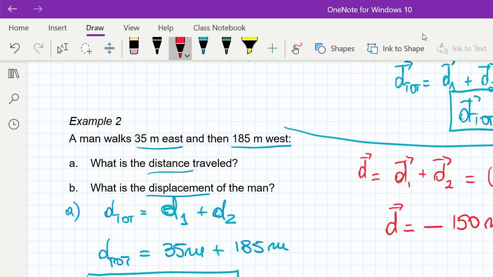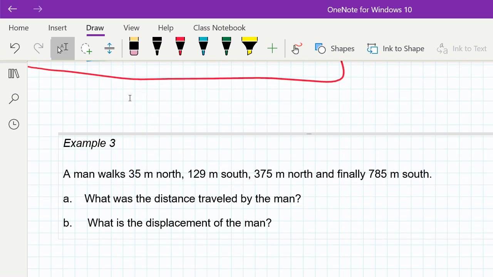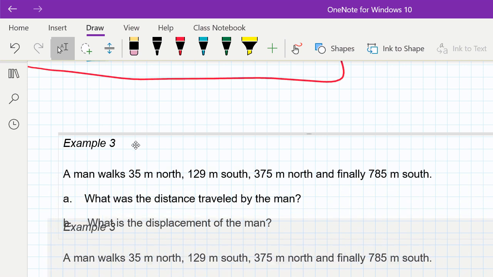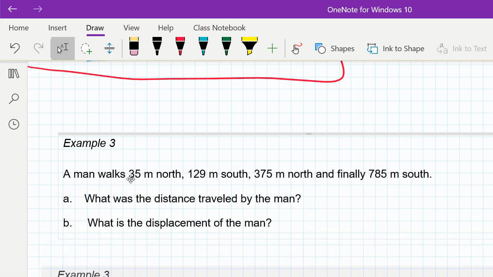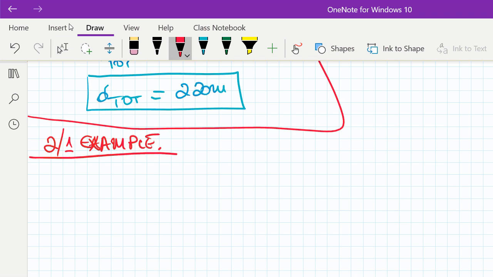And now let's have an extension on this example. I will extend this example, guys. Not dealing only with east and west in one direction, but dealing with different directions too. So let's suppose that we have this situation.